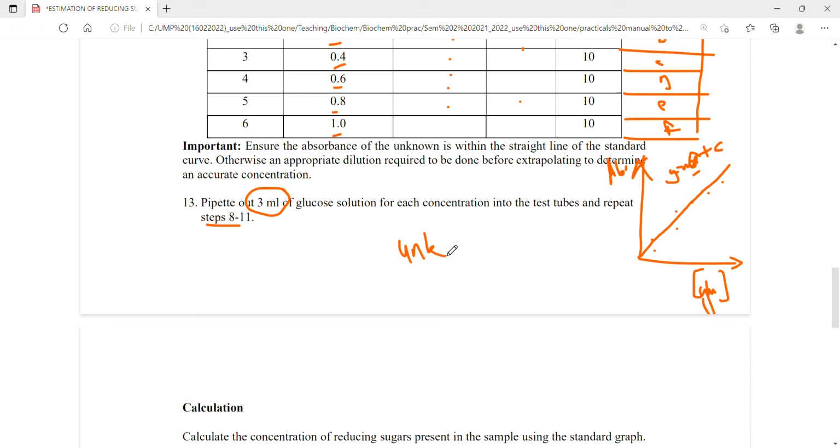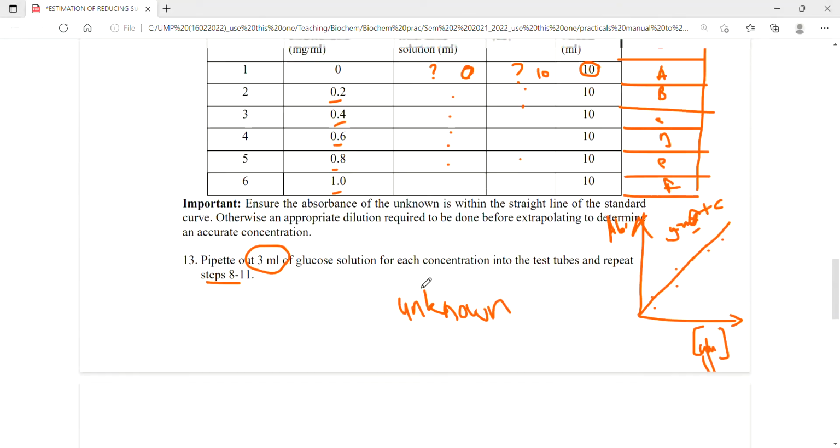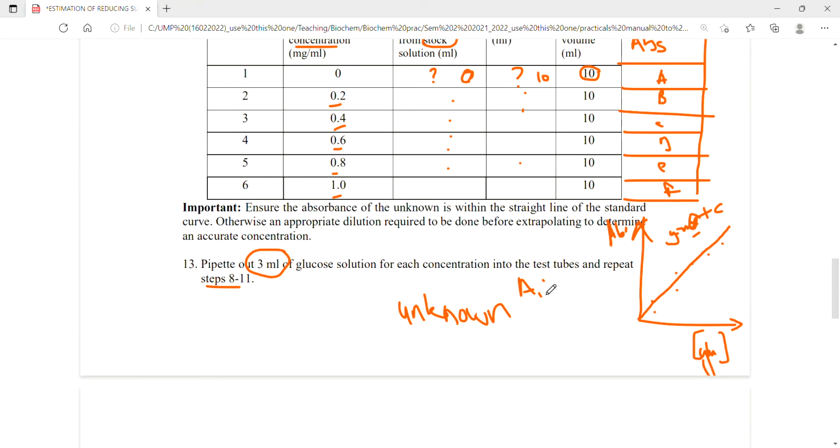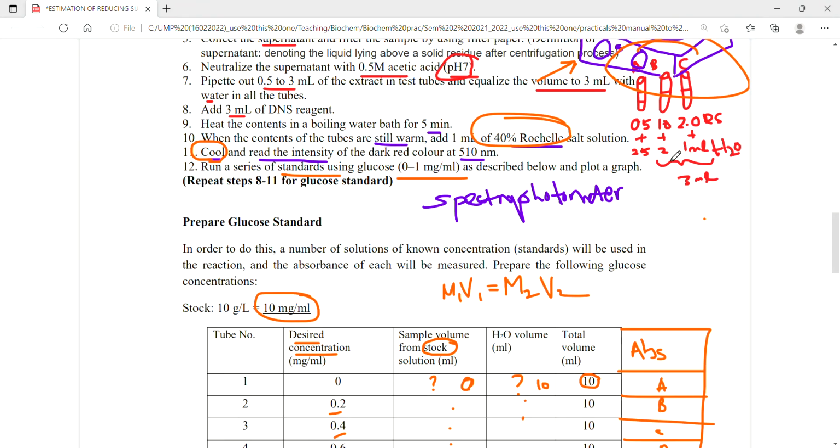Okay, so they call it unknown. So you have A, B, and C unknowns. You will get the concentration, but here's the thing: you have three unknowns, but bear in mind these have different dilution factors, because here, like one added with two, what is the dilution factor?